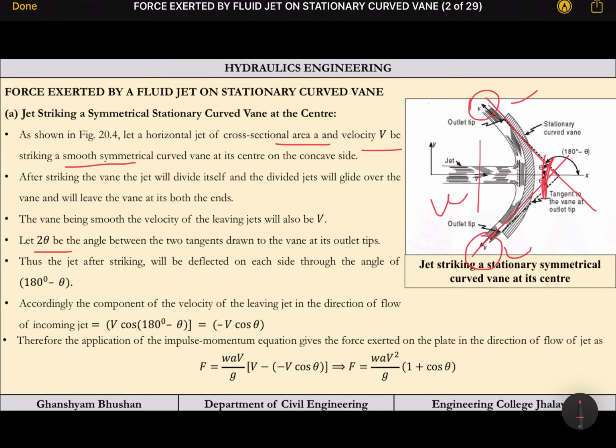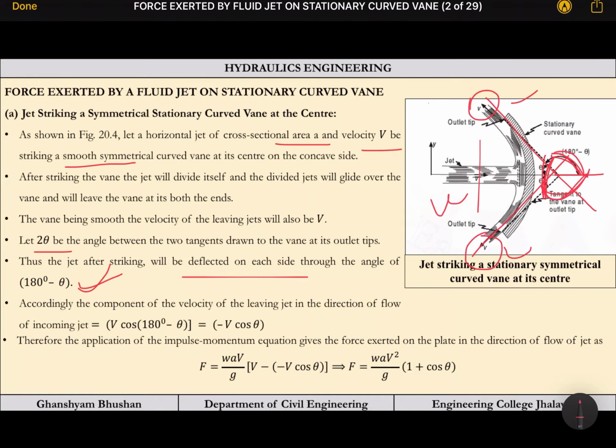Thus the jet after striking will be deflected on each side by an angle of 180 degrees minus theta. This is the deflected angle, and for this side also it is 180 minus theta, because the full angle is 360 degrees and 2 theta is the angle made by the two tangents. So 360 by 2 minus 2 theta by 2 will be 180 minus theta. This is a very important angle.